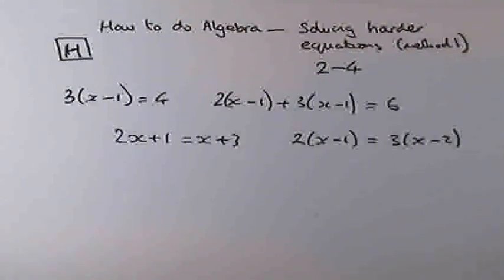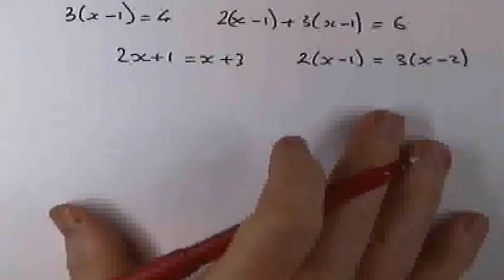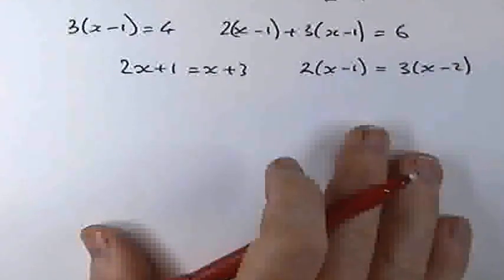But don't underestimate those, because a really difficult one containing brackets, fractions, unknowns on both sides can get up to grade A, particularly if it then leads to a quadratic. But anyway, let's start off by looking at some of these types of problems.